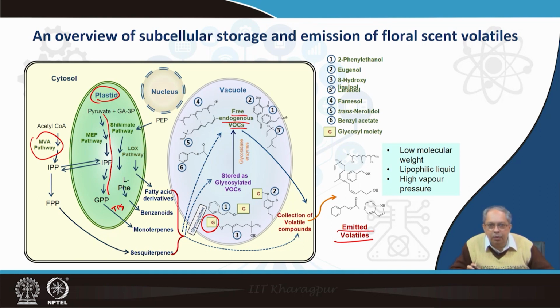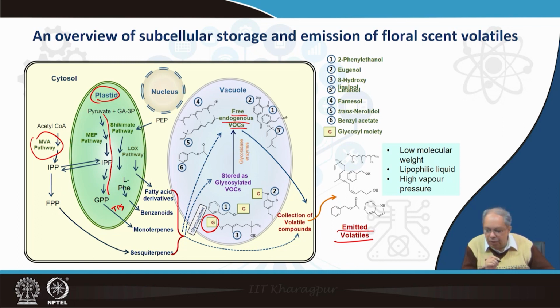As and when required, there will be deglycosylation or glucosidase activity that leads to the release of aglycone monoterpenes, and that eventually will be emitted. So, that means there are three ways. One, the monoterpenes produced are directly emitted. Second, the monoterpenes can be temporarily stored as free monoterpenes in the vacuole, or for long term storage they can be linked with sugar and stored there.